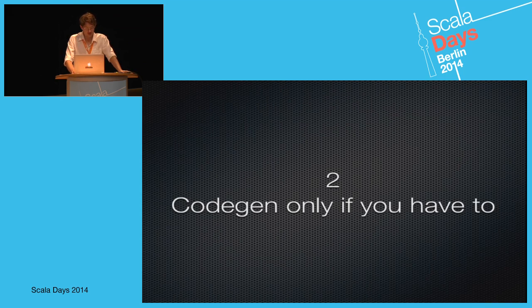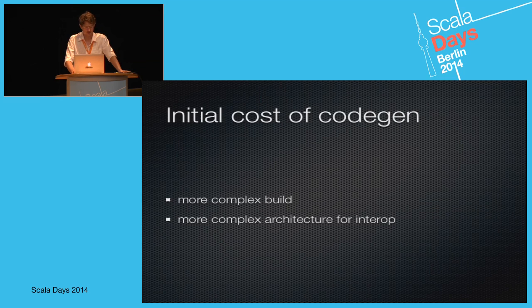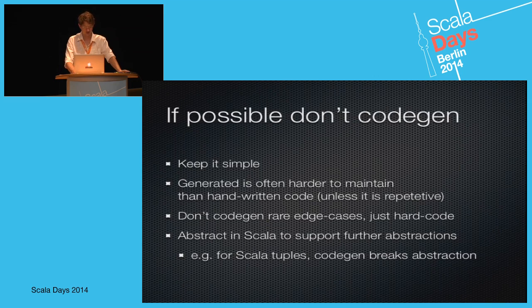And use code generation only if you have to, because first there's an initial cost. You have to set up a more complex build project and a more complex architecture to allow interop between generated code and handwritten code. Instead, keep it simple.